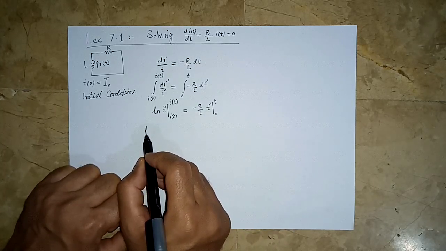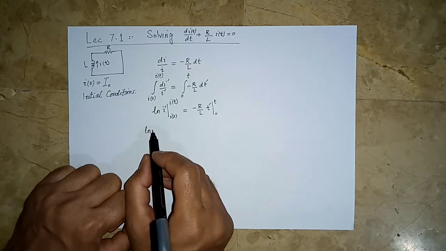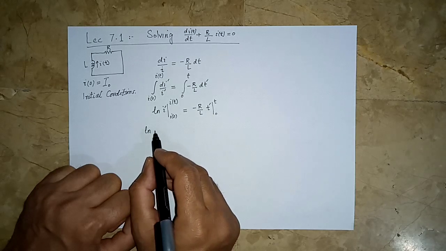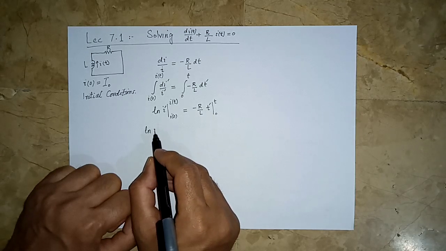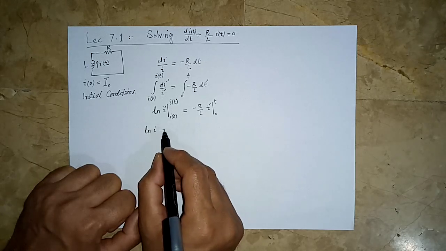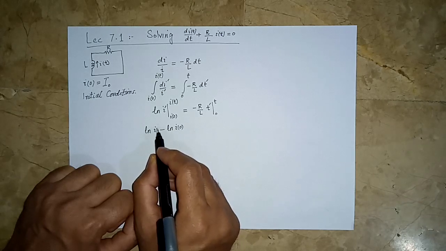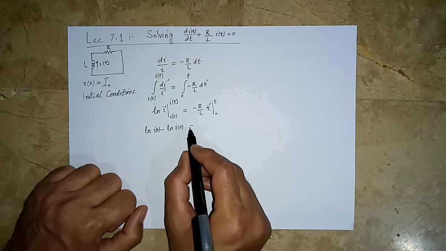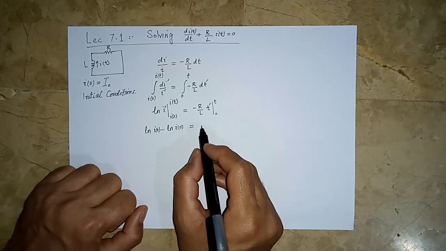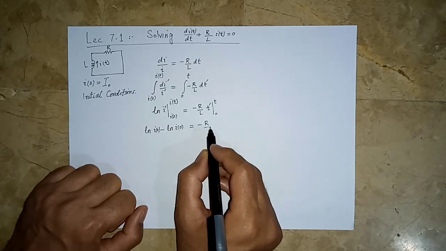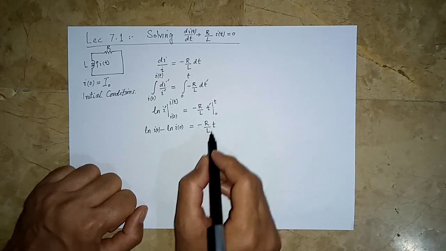So what do we get here? When we apply the values, the lower limit and the upper limit, we get log of i minus log of I0, equal to minus R over L, and by applying the limits we get t minus 0, which is this t.